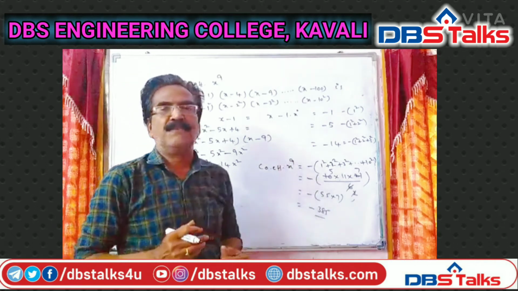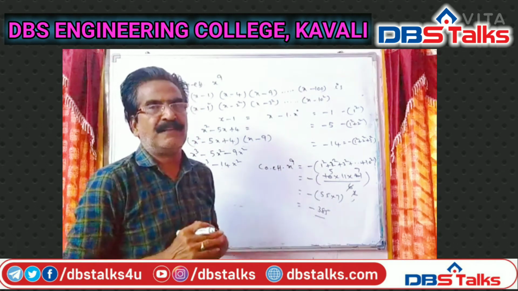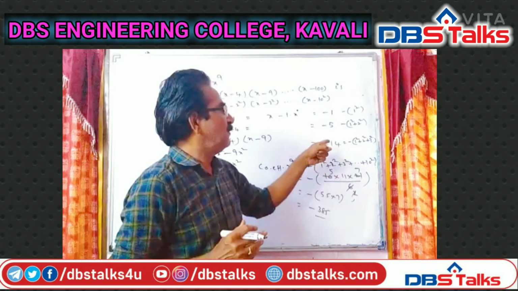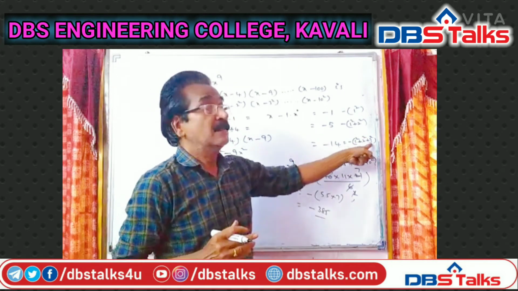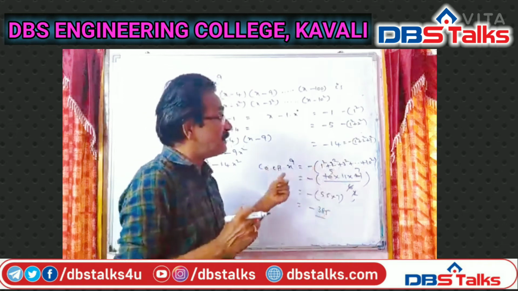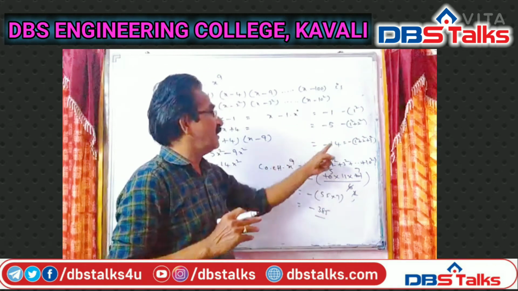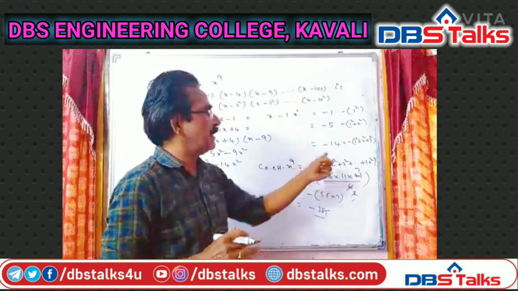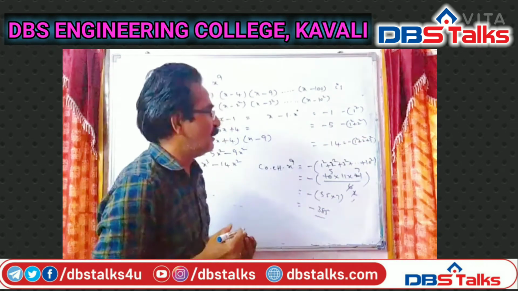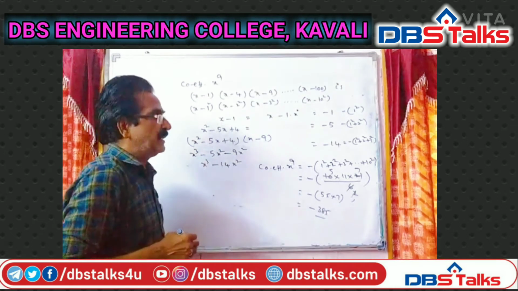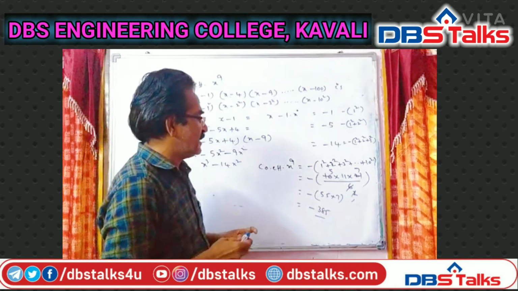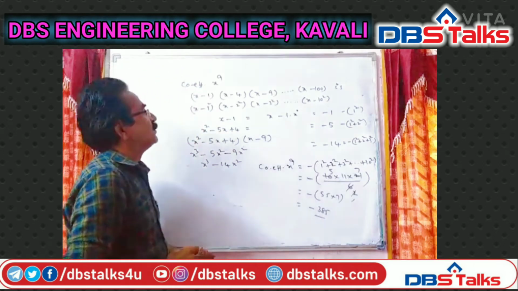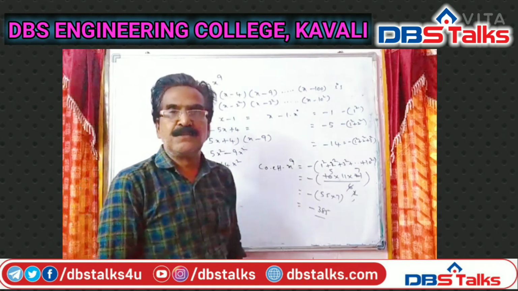So the coefficient of x power 9. Here, friends, you have observed now the coefficient of x square is 1 square plus 2 square plus 3 square. So the coefficient of x power 9 will be minus of 1 square plus 2 square plus 3 square up to 10 square. That is your answer, friends, minus of 385. So I hope you have understood the problem.